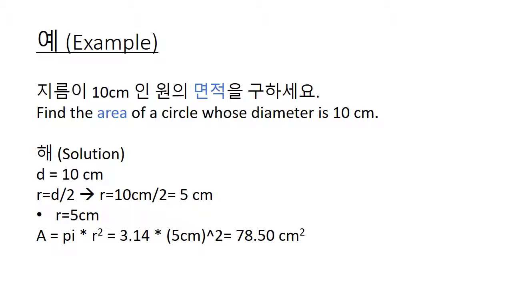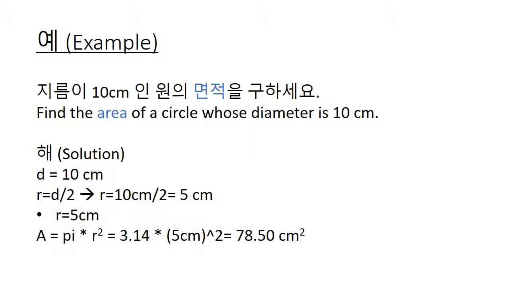Okay, let's walk through an example. It says 지름이 10cm인 원의 면적을 구하세요. Find the area of a circle whose diameter is 10 centimeters. So we know that d equals 10 centimeters. We also know that we can just divide d by 2 to get our r value. So 10 centimeters divided by 2 equals 5 centimeters.